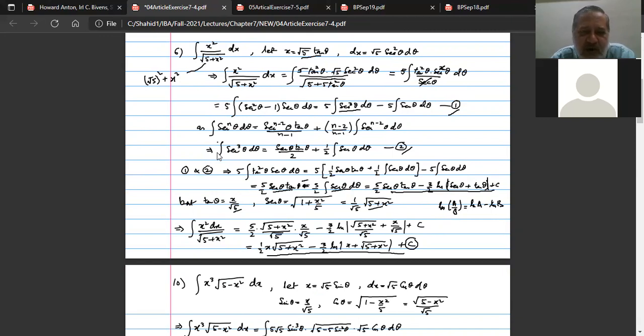So we substitute this. x is equal to root 5 tangent theta, then differential dx is equal to root 5 secant square theta. Substituting in this all the things, x square becomes 5 tangent square theta, and dx is replaced by root 5 secant square theta d theta.